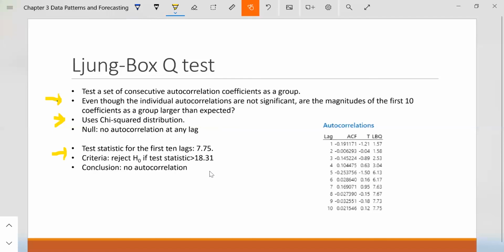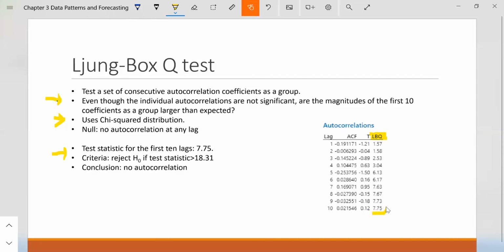The rule of thumb is that for this test statistic, the LBQ, which you will see in the last column, the higher the number, the more reason for us to conclude that as a group, the autocorrelation coefficients are significant.